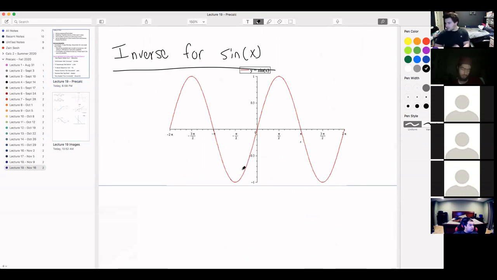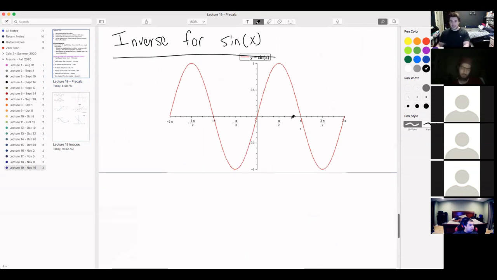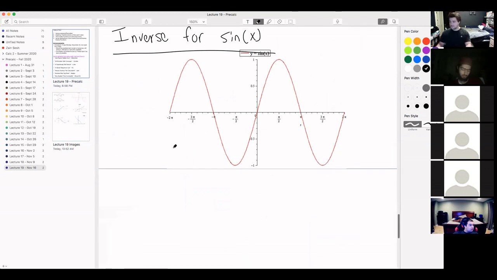But we can restrict the domain of sine of x so that it becomes one-to-one on this domain. What are we going to restrict the domain to? Well, the conventional choice is to restrict it to minus pi over 2 to positive pi over 2.